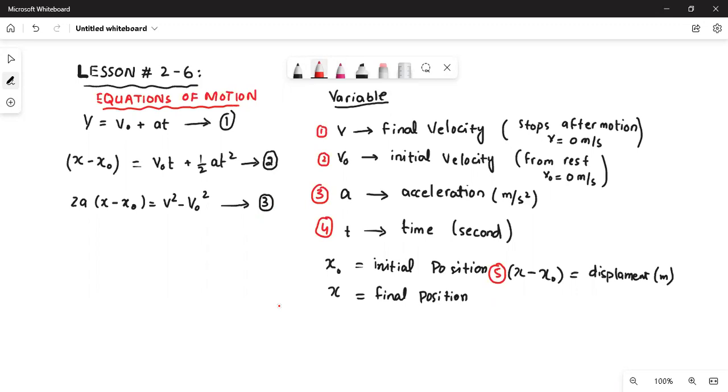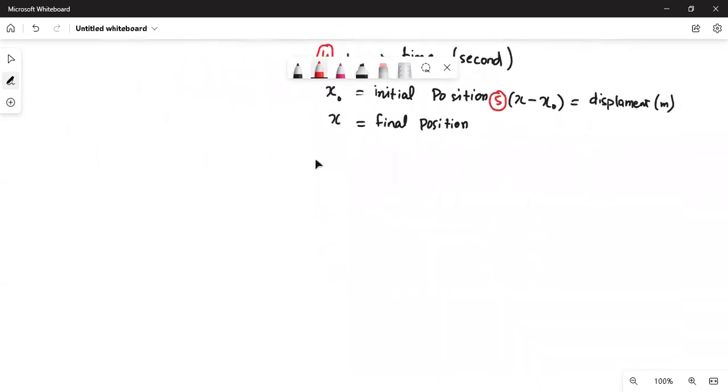So here we found that we have 5 variables, and each equation has 4 of them. We will write the data, and then see how to solve the question. This is a very important thing before we start any problem.